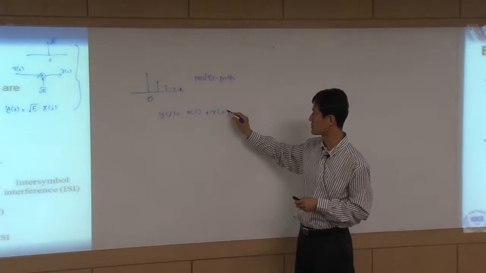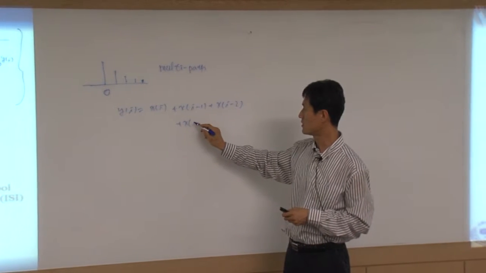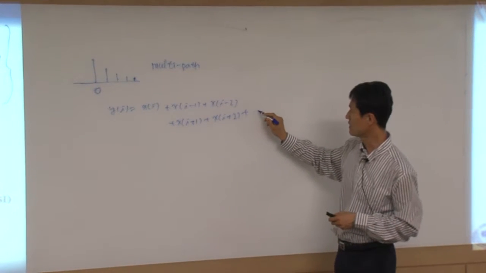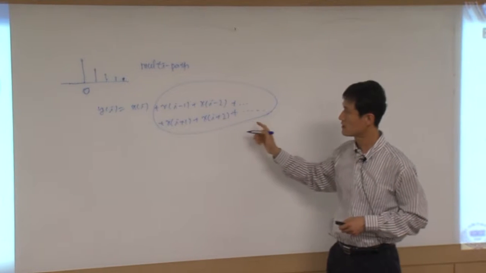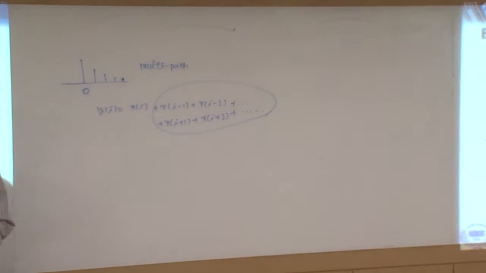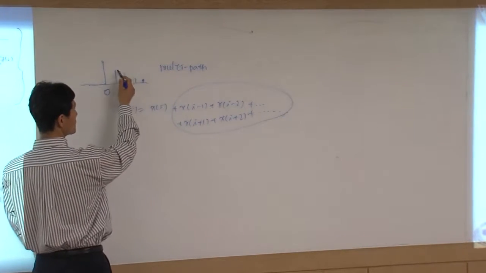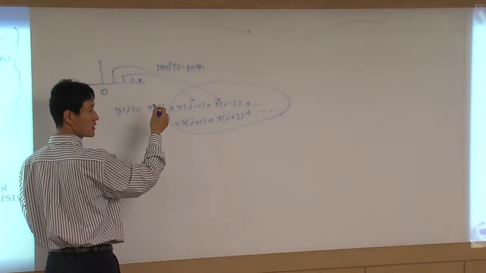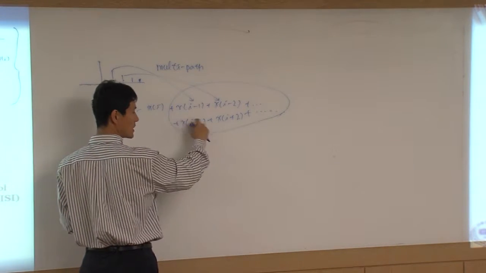You have more terms, I minus 1, I minus 2, and I plus 1, I plus 2. You have infinite terms. All these terms correspond to this one, and all these terms come from this, right? Because we have this impulse response equation, we need to write it this way.